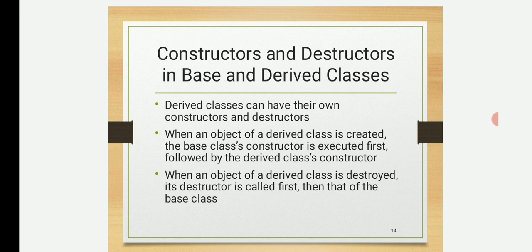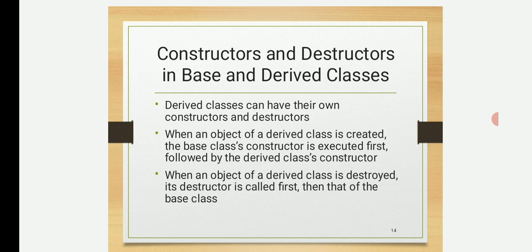Whenever you are creating an object for the class, the constructor will be called automatically. Destructor means we are using the tilde symbol in the destructor function. It will be called at the end of the program when the scope of the object is over, means the destructor function will be called automatically.